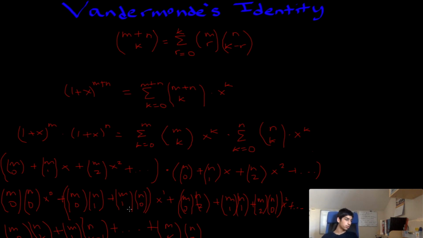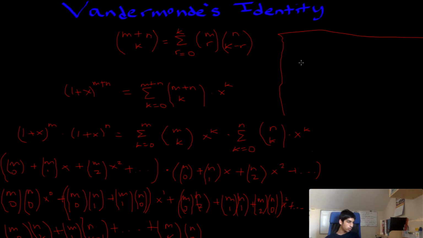So how can we use this? Well, we can go back to what we found over here. We found that the coefficient of x to the k is m plus n choose k. And over here, this is also the coefficient of x to the k. Therefore, we can set these equal, and this is where the magic happens.